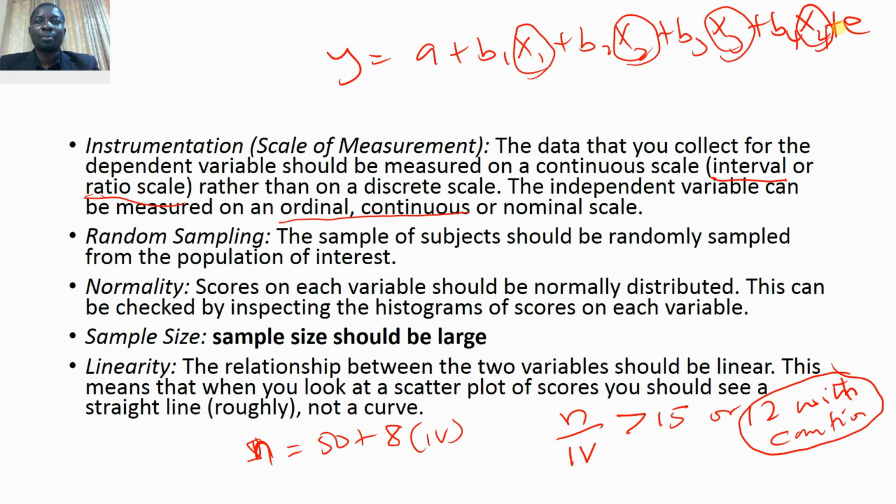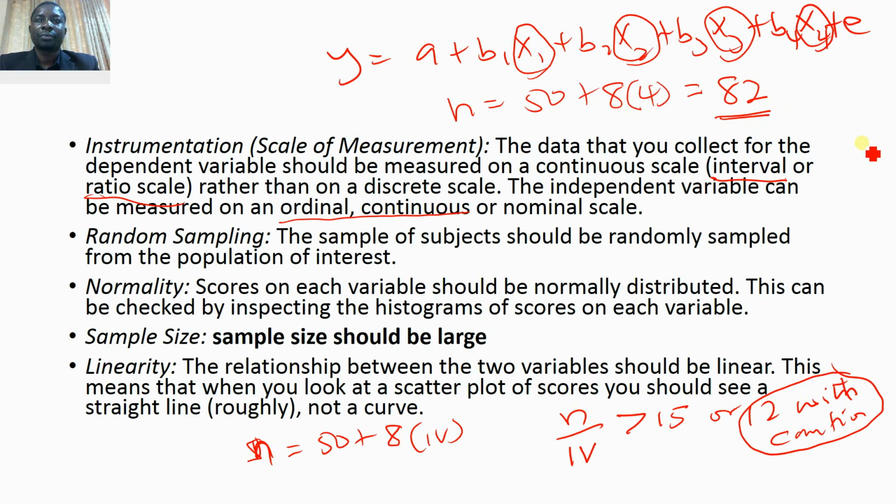Then your minimum sample size required when analyzing these data should be n equals 50 plus 8 times 4, and that will give us 32 plus 50, that will give us 82.